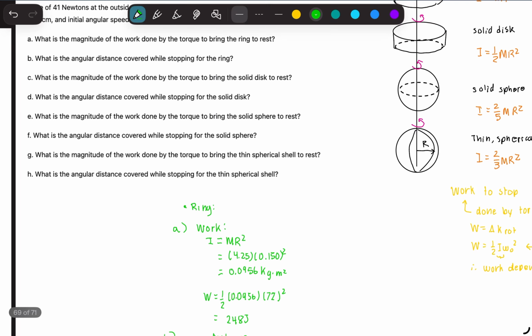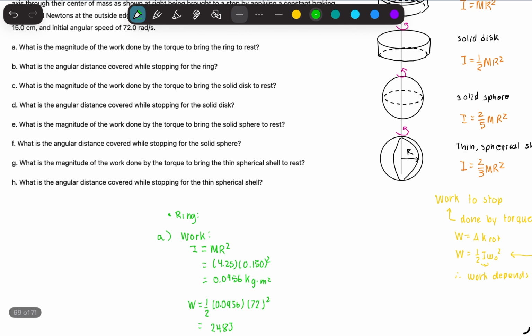This was the work for part A. Part C, what is the magnitude of the work done by the torque to bring the solid disk to rest?